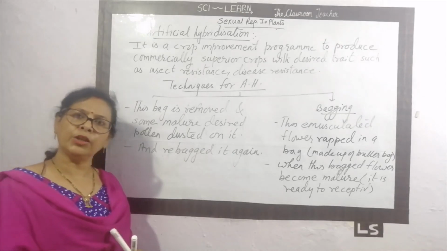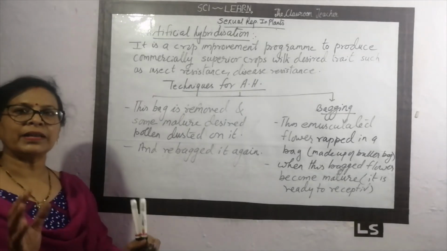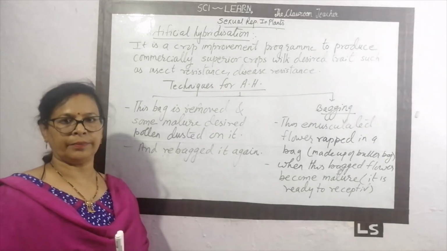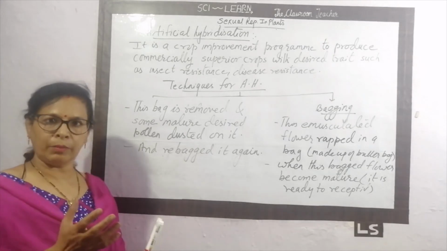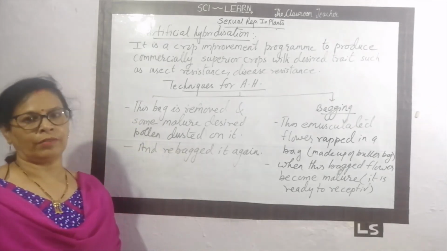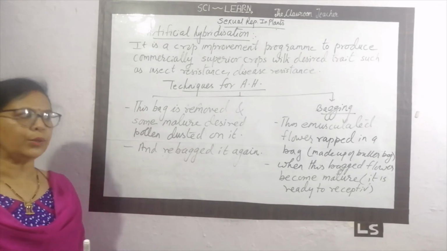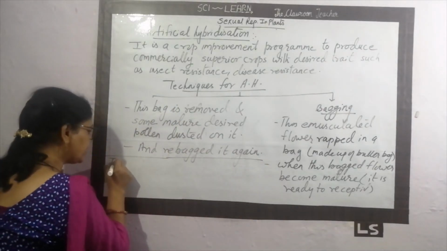But what happens in the unisexual flower? In a unisexual flower, emasculation is not needed because it has two separate flowers, one male and one female, so it is easy to cover the female flower.